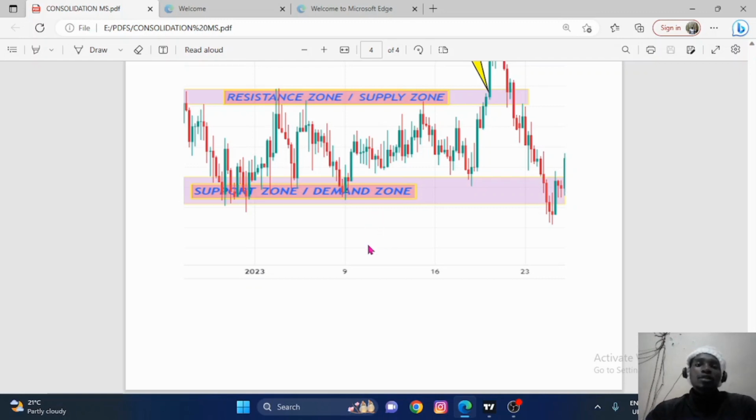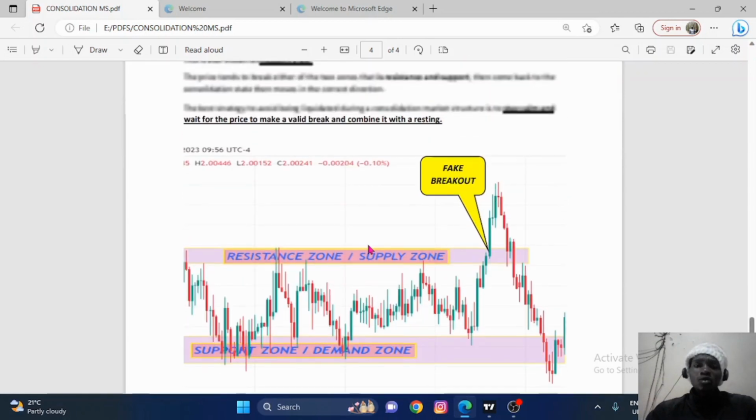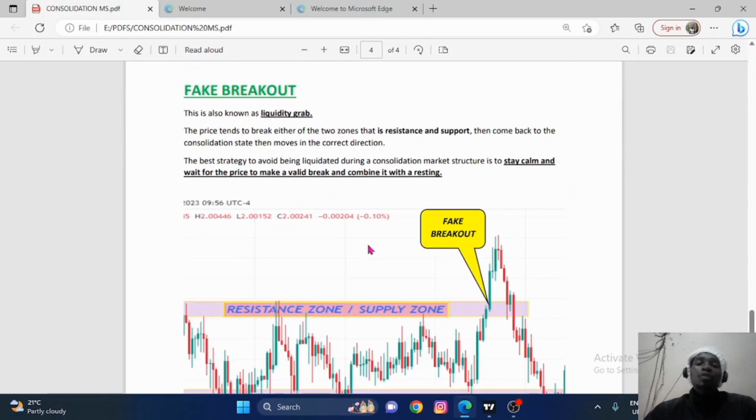We have talked about the definition of a consolidation, whereby the market is making equal highs and equal lows. We have talked about what expectations you should have as a trader. Once you find that the price of a certain pair is in a consolidation, you are supposed to have two expectations.